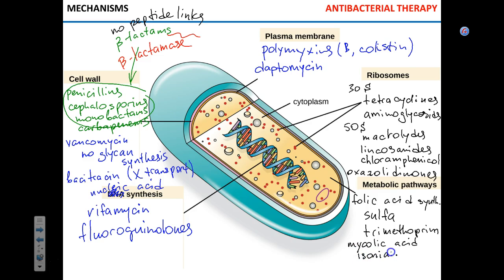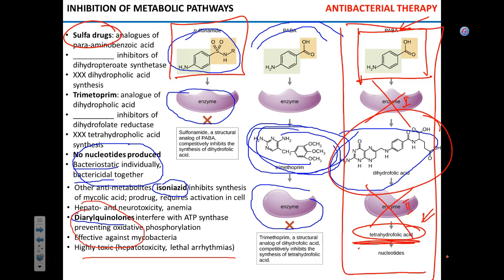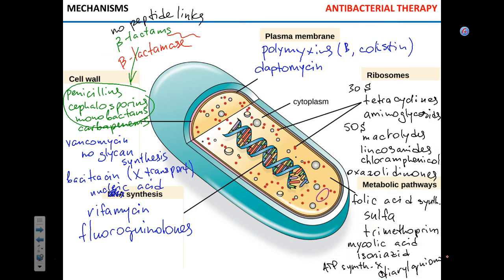Isoniazid. And another class, let's call it ATP synthesis inhibitors, diaryl quinolones. Okay.